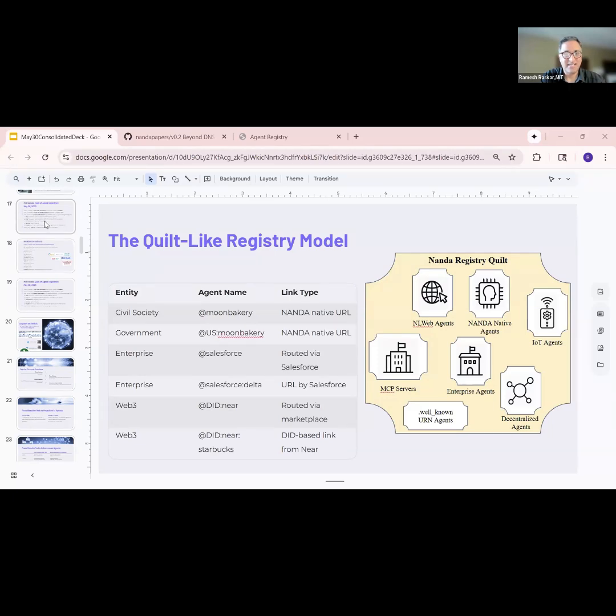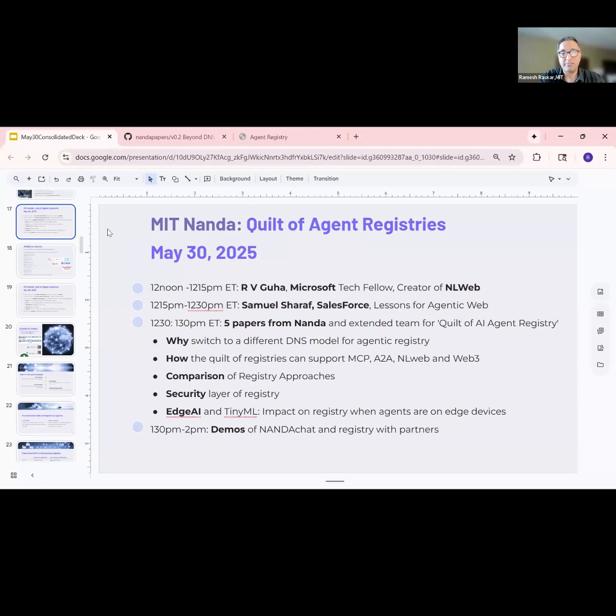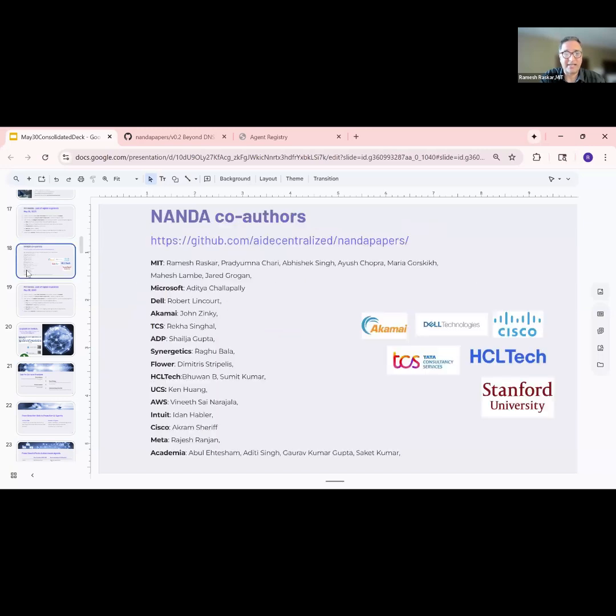Thank you, Dr. Goha. Thank you, Sam. We're going to move on with our program, and we're going to have bang, bang, bang. We're going to see 5 papers that are sharing with you how to think about this hybrid model of creating a lightweight index for this registry. And as we saw earlier, we have co-authors from many organizations. These folks are working day in and day out, late nights, weekends, trying to make progress in this field, being very inclusive.